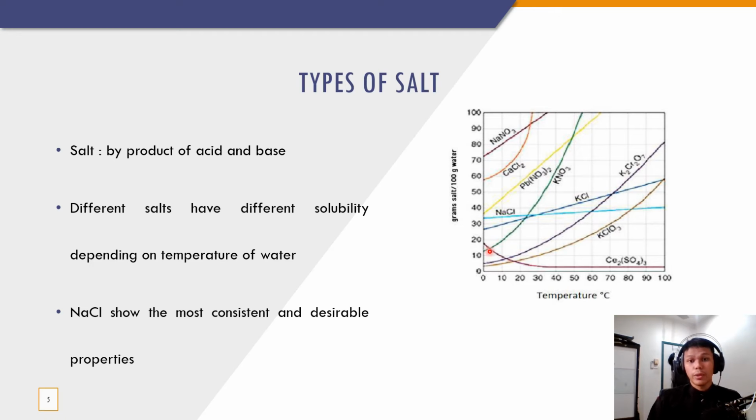In comparison, when using sodium chloride, the solubility stays almost uniform no matter the temperature, from freezing all the way to boiling point. This steady property is the desired property in construction of solar ponds.